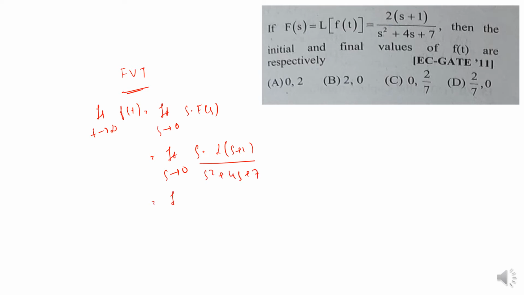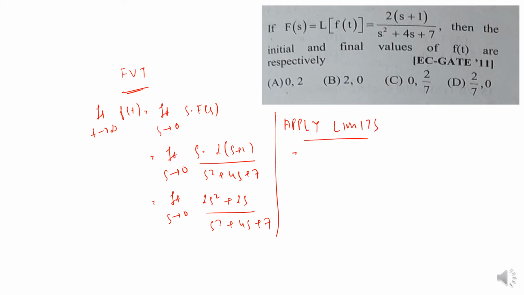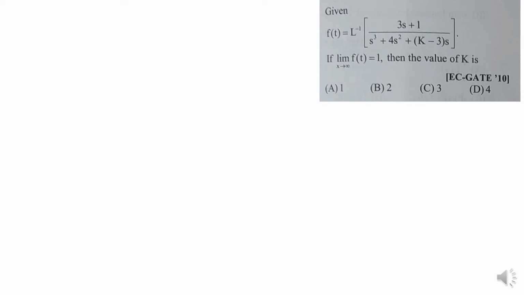I can also write it as limit s tends to 0 (2s square plus 2s) by (s square plus 4s plus 7). Now apply limits: the numerator is 0, so the final value is equal to 0. As already discussed, this is option B.